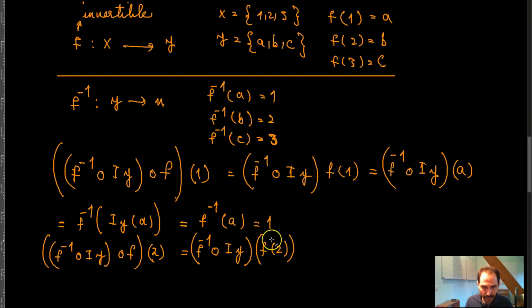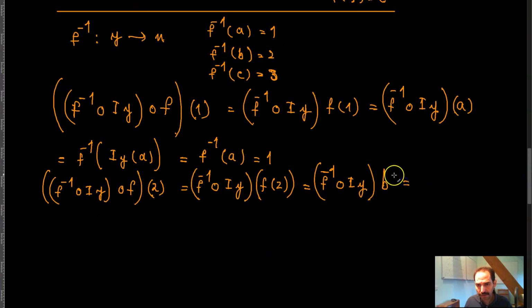Now f of 2 is equal to b, so I can write f inverse composed with I of y, and f of 2 is equal to b. So I can write this as f inverse of I of y of b.